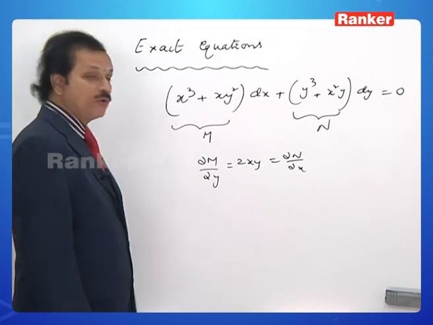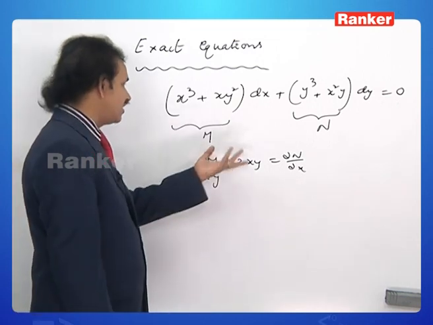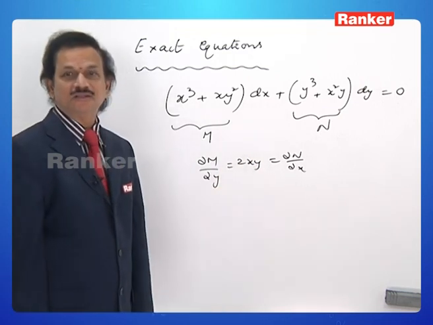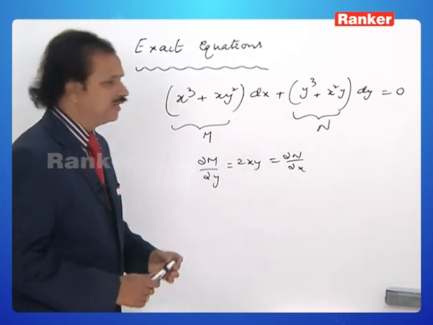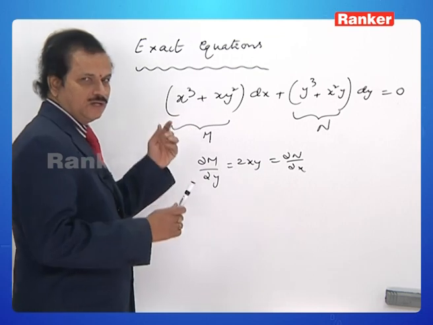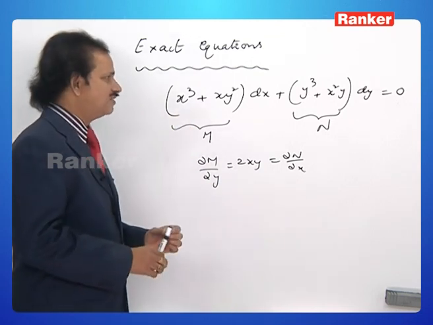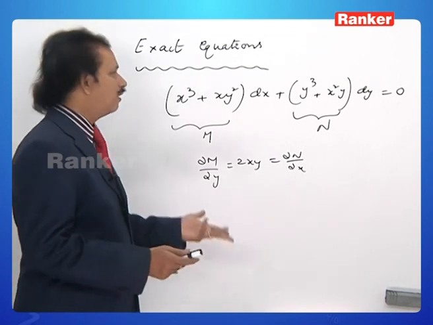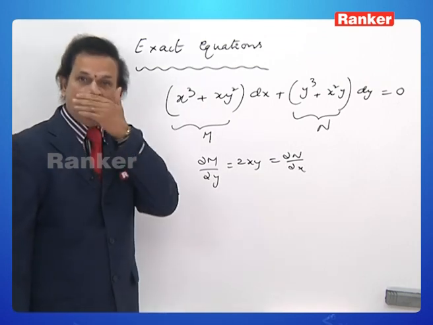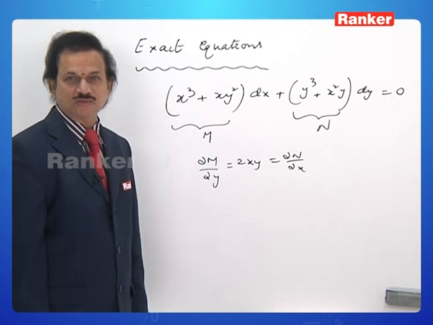Why should we take all this strain and pain, such a doubt you may ask me. You are right, of course. With that idea, you can have the direct solution, x dx plus y dy is equal to 0, or x square plus y square is equal to constant. That will be the answer.